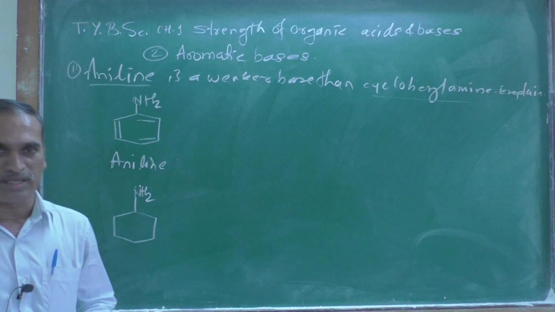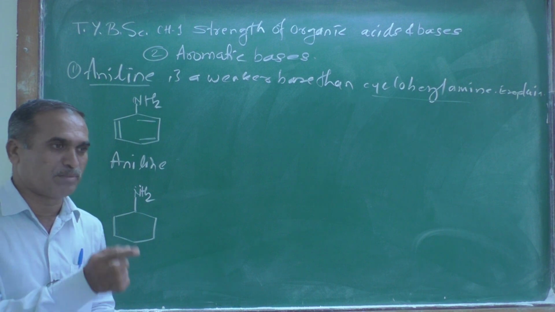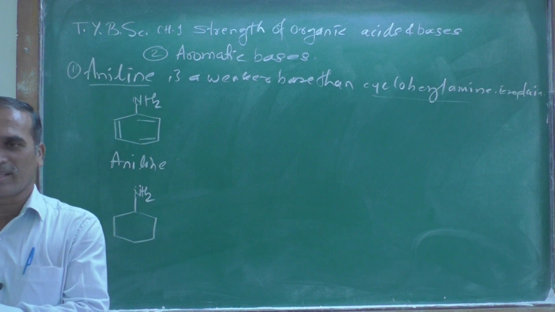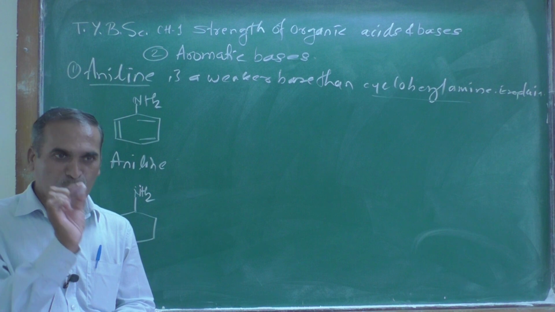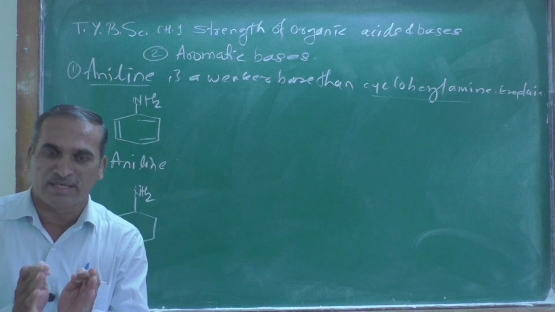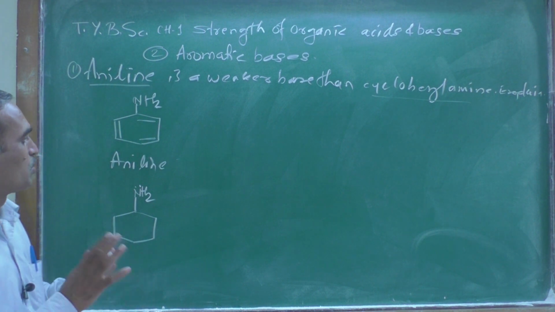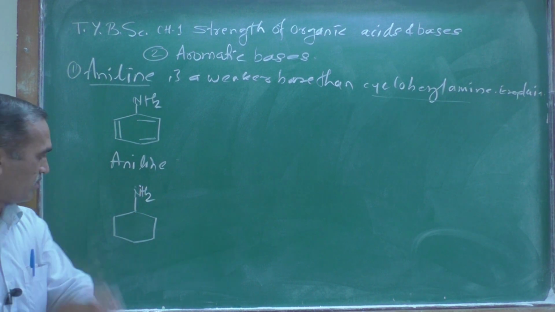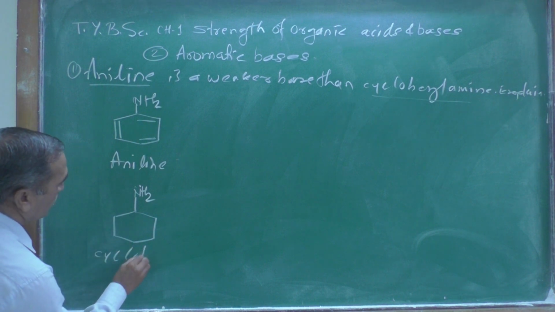As we know, in general, organic compounds containing a nitrogen atom are basic in nature. Why are they basic in nature? Because the nitrogen atom contains a lone pair, which is a non-bonding electron pair, and according to Lewis bases, it is readily available for donation, and therefore they act as Lewis bases.